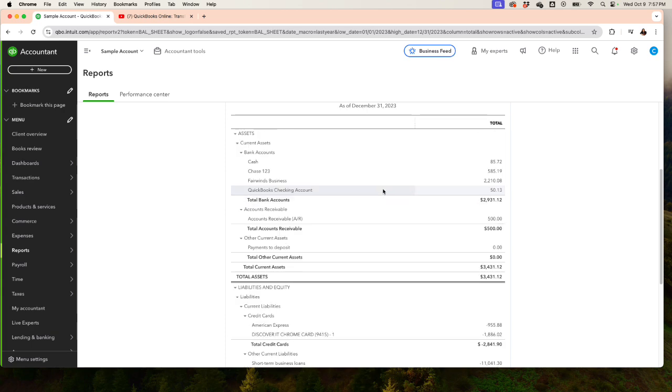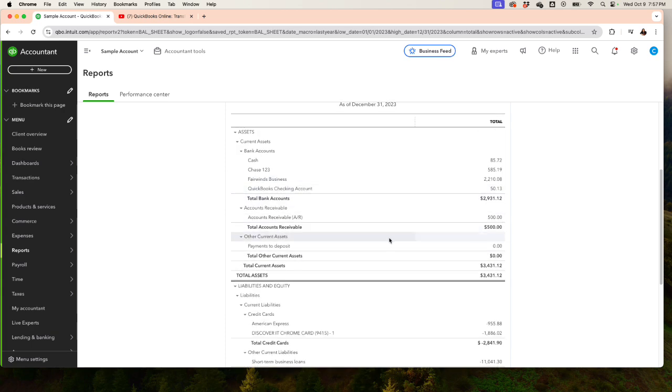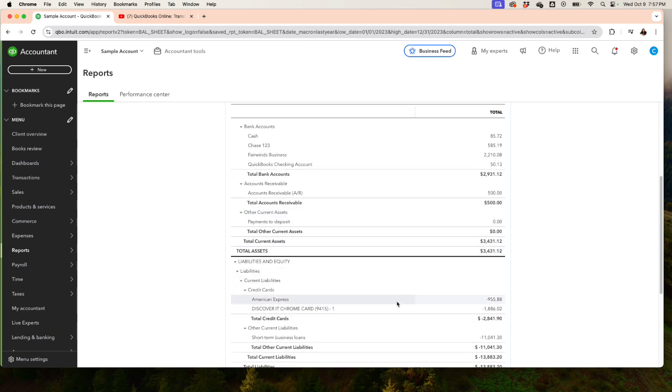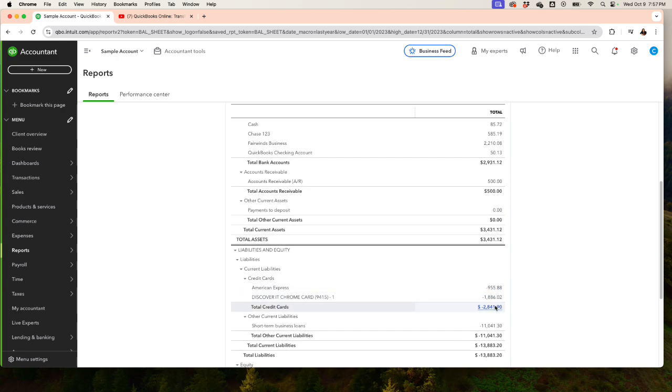Keep in mind, this is a sample account, so there's a lot of things that we're going to be working on here, including a negative account. See, negative credit card account, what it means is that we have not recorded the expenses correctly, or that there is definitely a discrepancy here. We recorded payments, but we didn't record the liability.